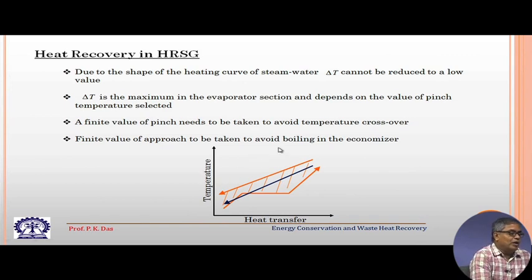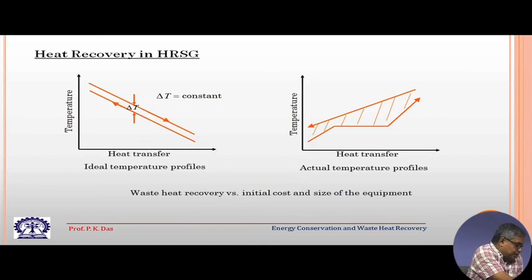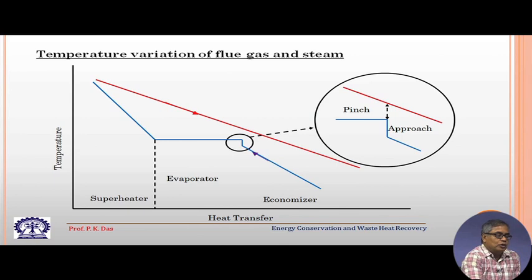Then we also have to keep some finite amount of approach. Let me remind you what approach is. What I have told is that from the economizer, the fluid will not come out in the saturated condition; there will be a certain temperature difference. This is called the approach, and this is also essential. Why?